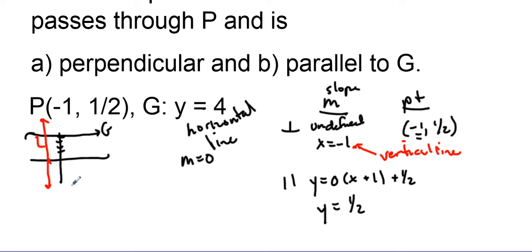Let me get my red again. So that's x equals -1. This is y equals 1/2. And you can see that this one is parallel to G, and this one is perpendicular. And there you have it. A horizontal line is y equals, and a vertical line is x equals.